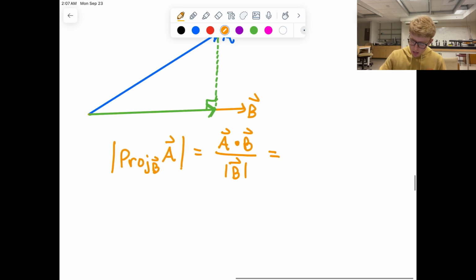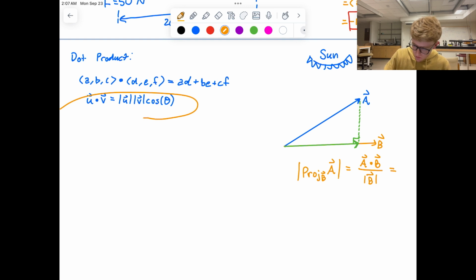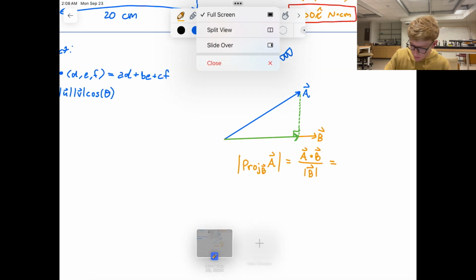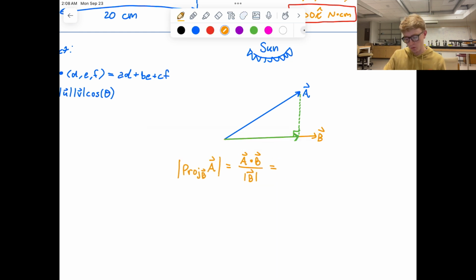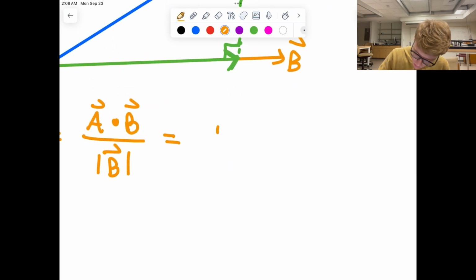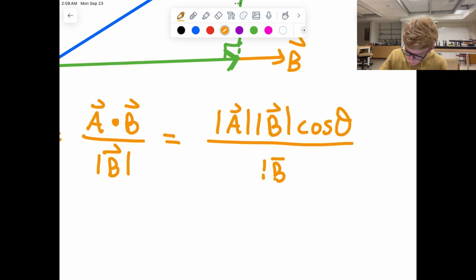And now as it turns out, we can plug in this formula right here, and get a different result. So A dot B is equal to the magnitude of A times the magnitude of B times the cosine of the angle between them, which we already know, divided by the magnitude of B from before.